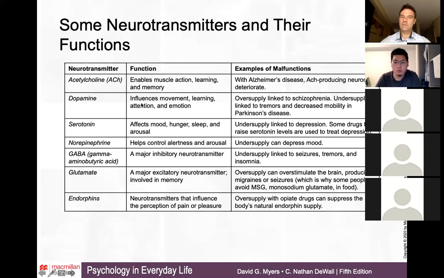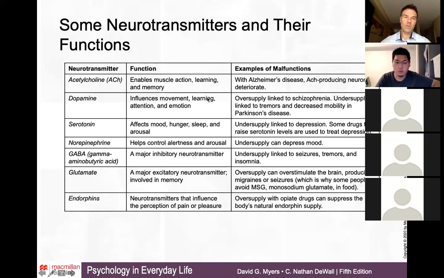Dopamine influences movement, learning, attention, and emotion. Oversupply is linked to schizophrenia. Undersupply is linked to tremors and decreased mobility, as in Parkinson's disease. We don't really have a silver bullet solution to Parkinson's at the moment. We are working on it, but we know that dopamine is part of the solution or part of the problem.